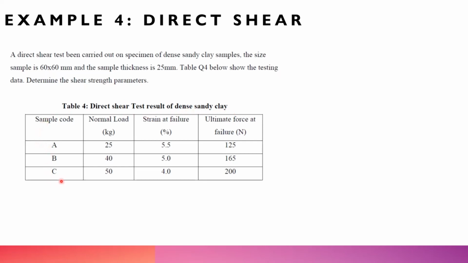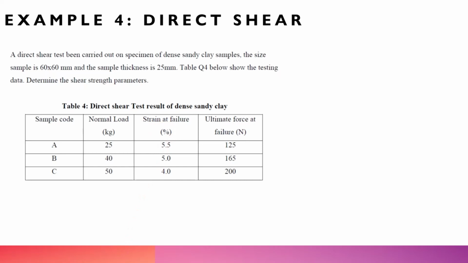We have 3 specimens here subjected to different normal loads, 25, 40 and 50 kilograms. The strain at failure provided here is related to the shear force value, in which, when you have a strain at failure, it means that you need to calculate the change in cross-section area.